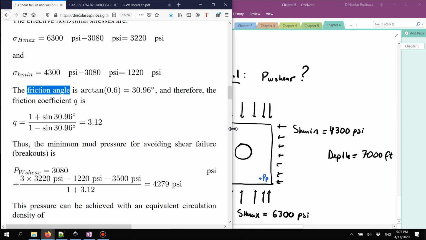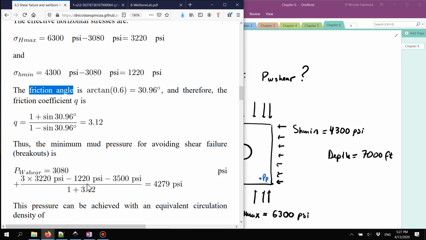In this case this is going to be equal to the pore pressure plus 3 times sigma H max minus sigma H min minus the unconfined compressive strength, divided by 1 plus Q. And this is the result. This is the pressure in psi that will be needed in order to avoid shear failure.